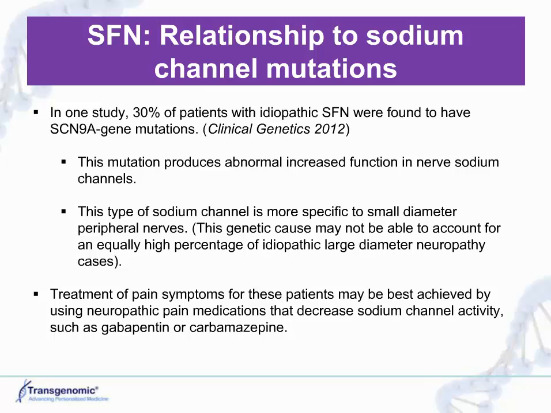In one study of patients with idiopathic small fiber neuropathy, 30% of these patients were found to have an SCN9A gene mutation. This mutation produces an abnormal increased function in a nerve sodium channel. And this type of sodium channel happens to be more specific to small diameter peripheral nerves. Therefore, it's important to note that this type of mutation may not be able to account for an equally high percentage of idiopathic large diameter neuropathy cases.